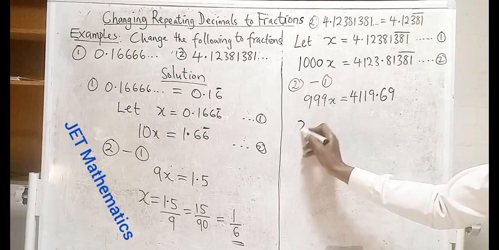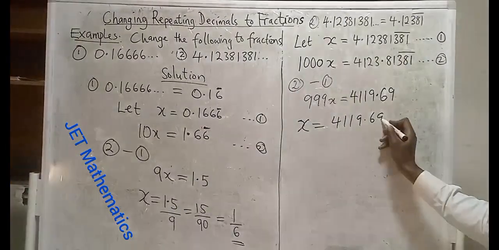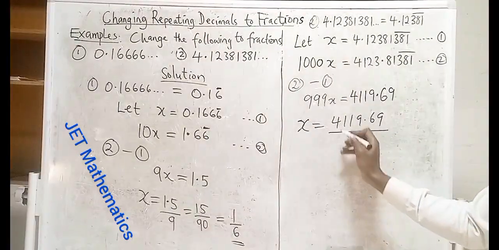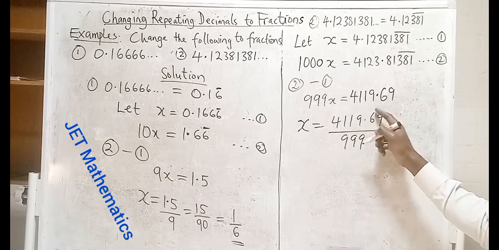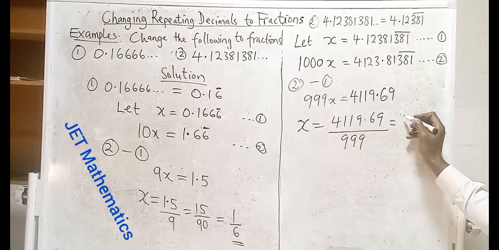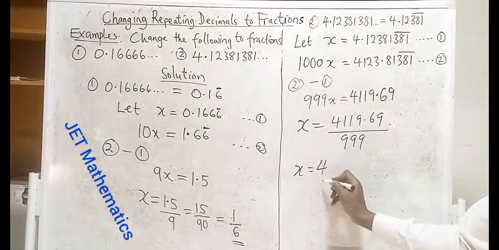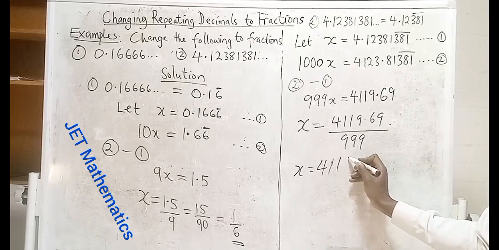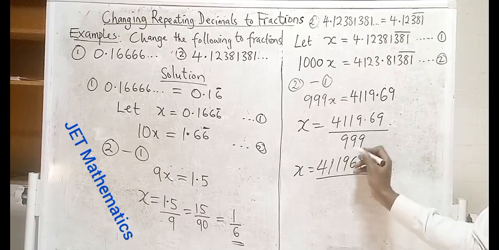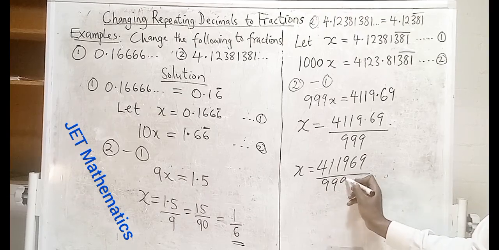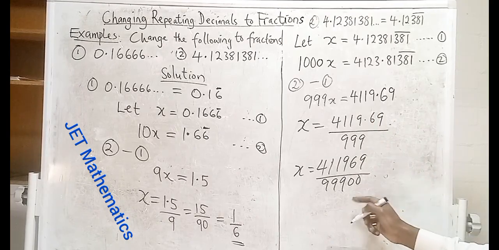So the next thing, you divide both sides, and we have 4119.69 divided by 999. If we move the decimal two steps, this gives us 411969 divided by 99900, adding 2 zeros here.